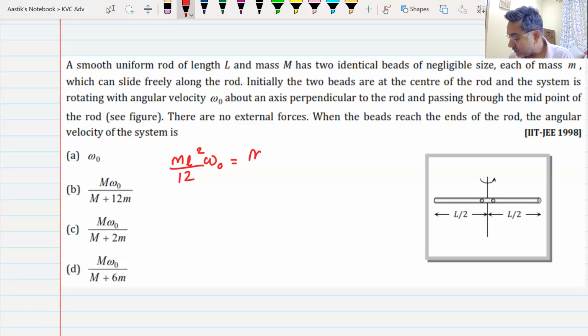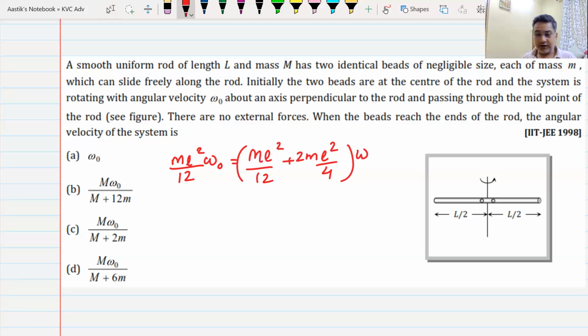When they reach the ends, it is capital ml square by 12 plus m into l square by 4 multiplied by 2. Yes or no? Yes, sir. Into omega. From here, you can find out the omega of the rod, get your answer, and stay happy.